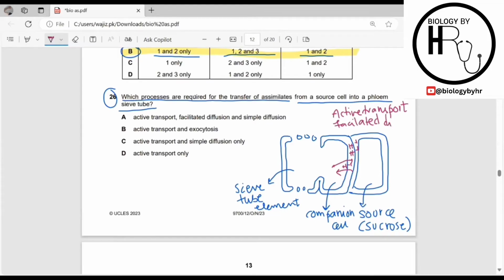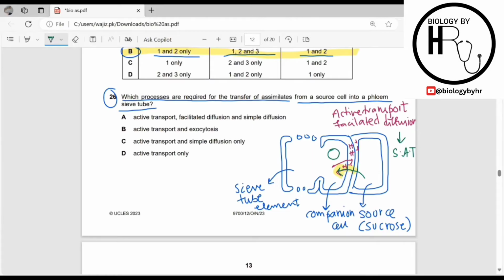And when the hydrogen ions diffuse down the concentration gradient, it releases the energy to pump the sucrose from the source cell into the companion cell via the same co-transport protein, against the concentration gradient. And when it is happening against the concentration gradient, we know that it is secondary active transport.